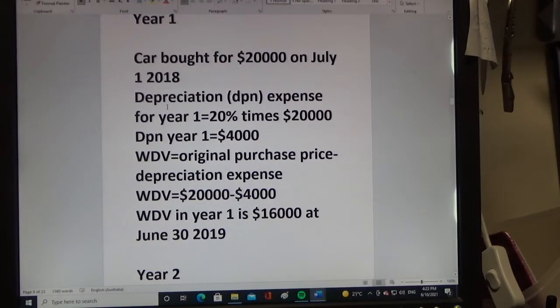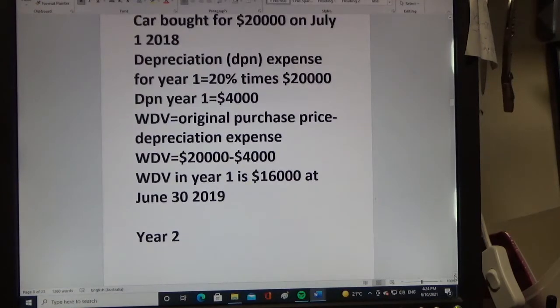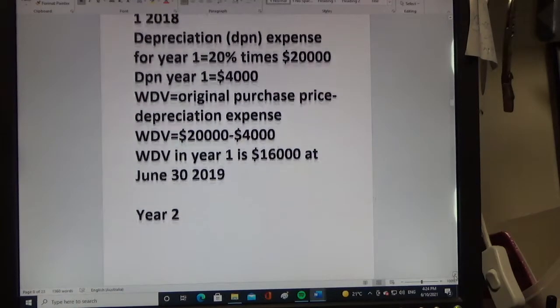So the depreciation expense is 20% times the purchase price, which gives you $4,000. Quite a high depreciation expense. That's how diminishing value is different. Remember, in straight line it was only $1,500.